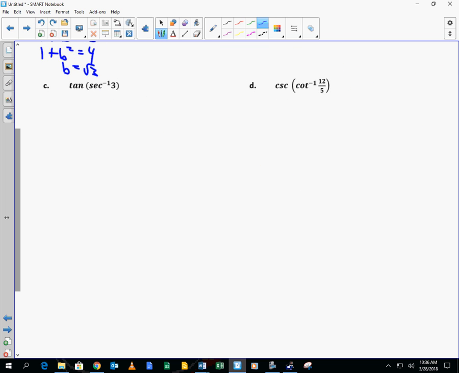Let's see. Tangent of secant inverse of 3. Draw a triangle. Make theta. So it is secant inverse of 3 over 1. In terms of opposite, adjacent, hypotenuse, what is secant? Hypotenuse over adjacent.